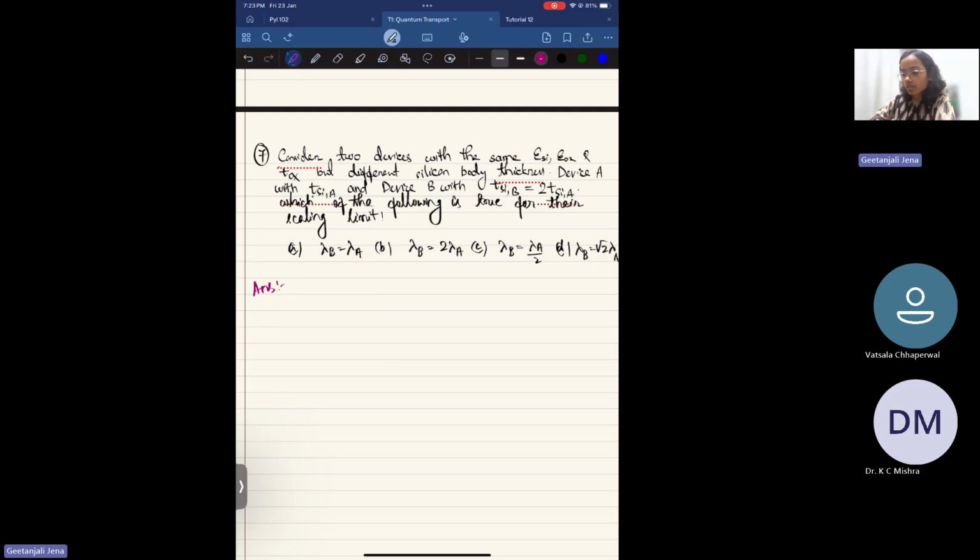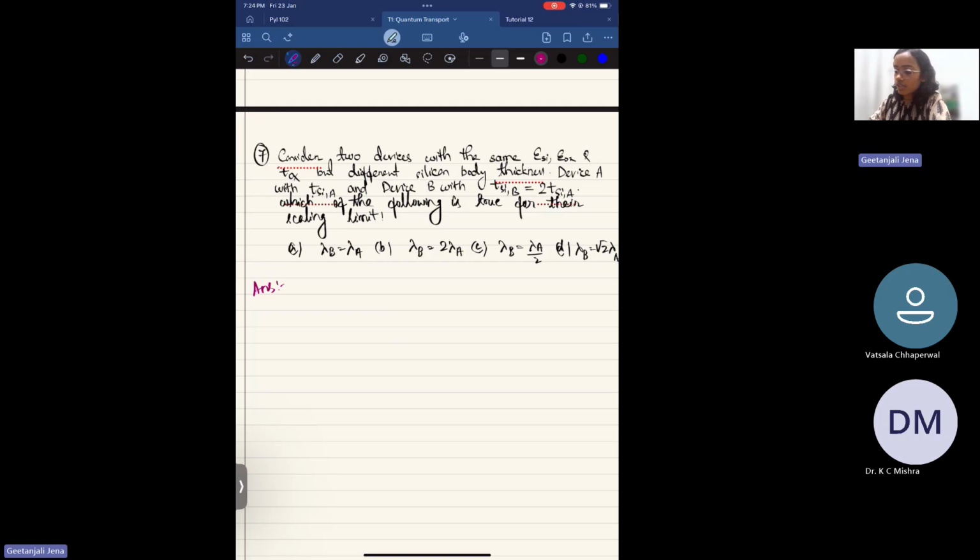Question 7. It's given, consider two devices with the same epsilon Si, epsilon Ox, and Tox. So epsilon is the permittivity, T is the thickness. But they have different silicon body thickness.